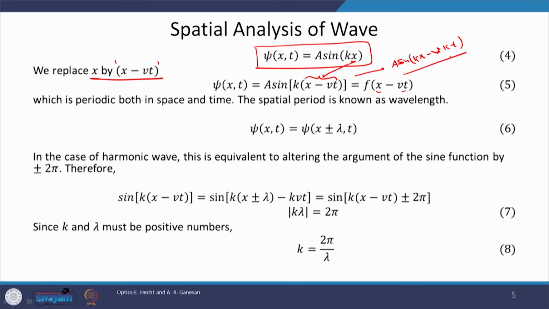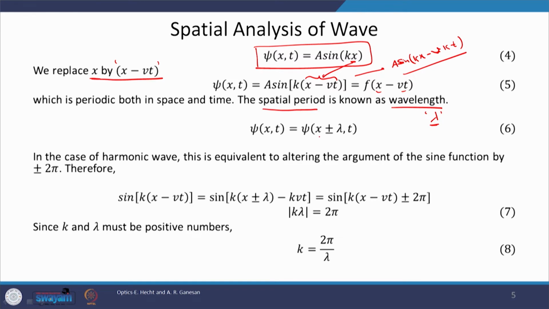Okay. Since there is a periodicity in space, we can name this period, and in the spatial domain this spatial period is known as wavelength, and the wavelength is expressed by the Greek letter lambda. As I said, the wave repeats itself after lambda.